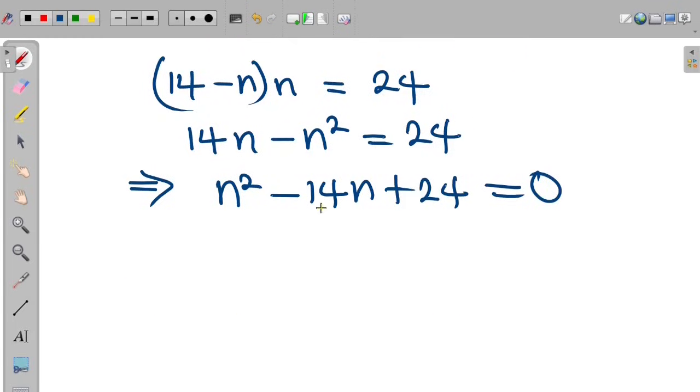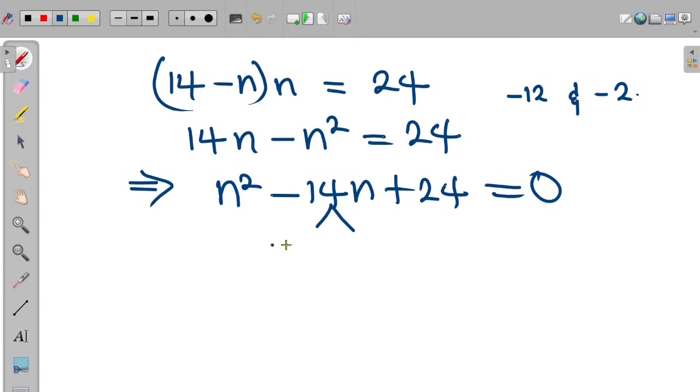Now let us provide the solution for this quadratic equation. We look for two integers whose sum is equal to negative 14 and whose product is equal to 24. The two integers are minus 12 and minus 2, because minus 12 plus minus 2 is minus 14, and minus 12 times minus 2 is 24.